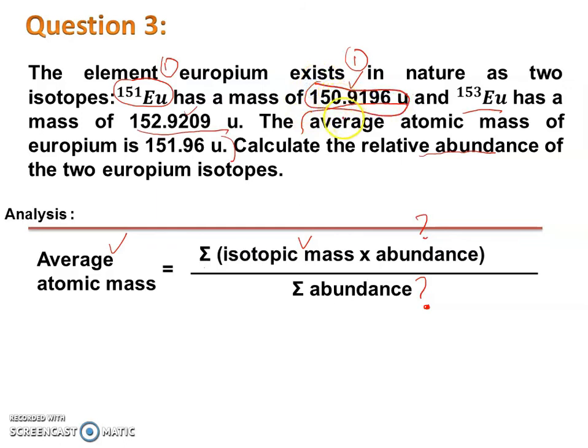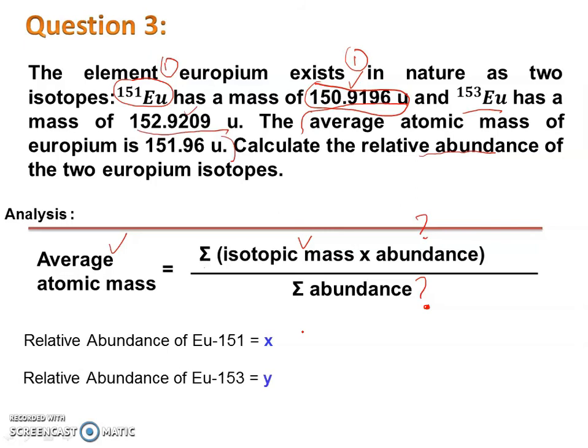Since the abundances of the two isotopes are different values, we assume the relative abundance of Eu-151 is X, and the relative abundance of Eu-153 is Y. Since X and Y are two unknowns, we can't get the answer directly. So we start with X plus Y equals 1, where the total abundance for X and Y equals 1.